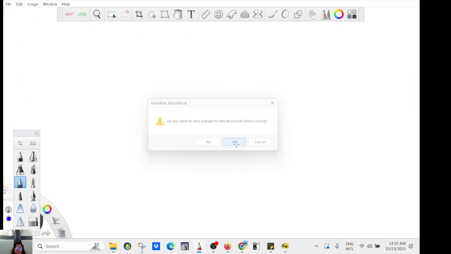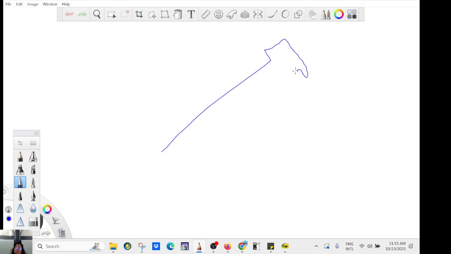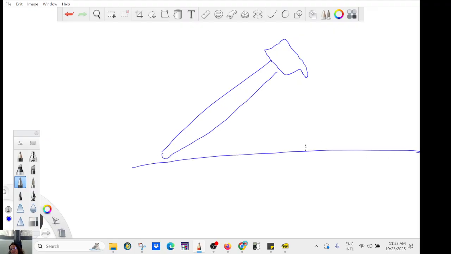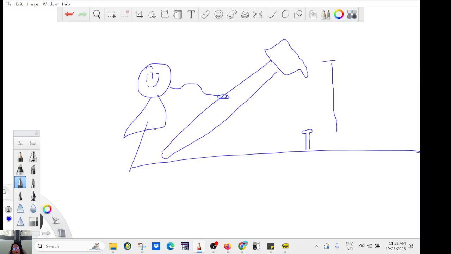So if you have, this is a hammer. I hope you can see that this is a hammer. And this is a nail. Let's say I'm very weak, so I have very small force that I'm going to apply.